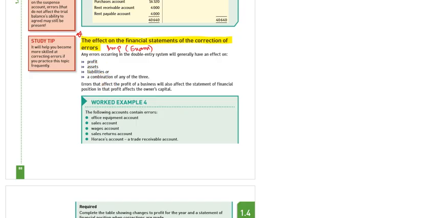So here is the case: the error affects three areas. Number one, error will affect profit. Error normally affects the assets and error normally affects the liabilities, on an individual basis or a combination of three.